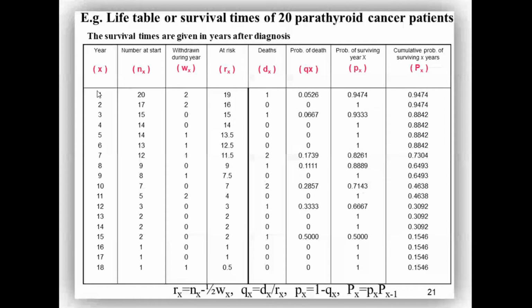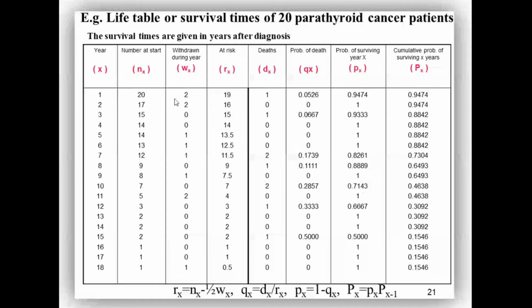So how many individuals will remain? Automatically you would say 18, because 20 minus 2 is 18. But that's not in a life table. We don't calculate like that.